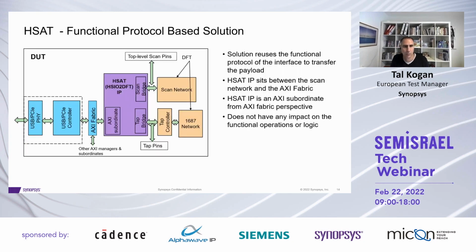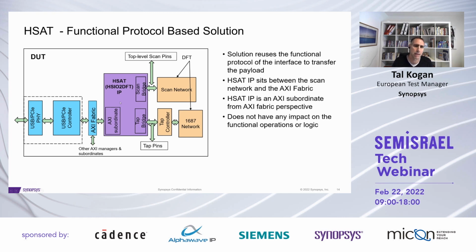Okay, so let's look at this diagram and see what parts this solution has. We're looking now at the DUT. As I mentioned, it would have the PHY of the USB or PCIe, and obviously the controller as well. All this is the functional serial interface part you're all familiar with. Now, that would probably write to some AXI fabric that you might have on your SoC, and in turn this would communicate with the HSAT IP.